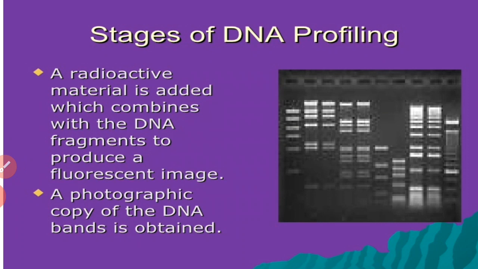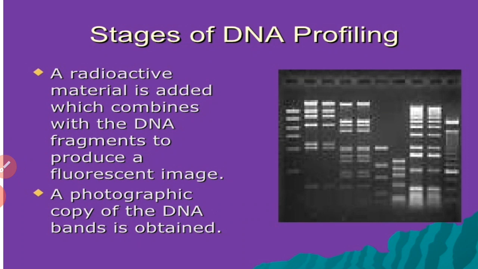Nitrocellulose paper is taken and placed on the agarose gel, and all the DNA pieces move to the nitrocellulose paper. Now the next step is transferring of the separated fragments.